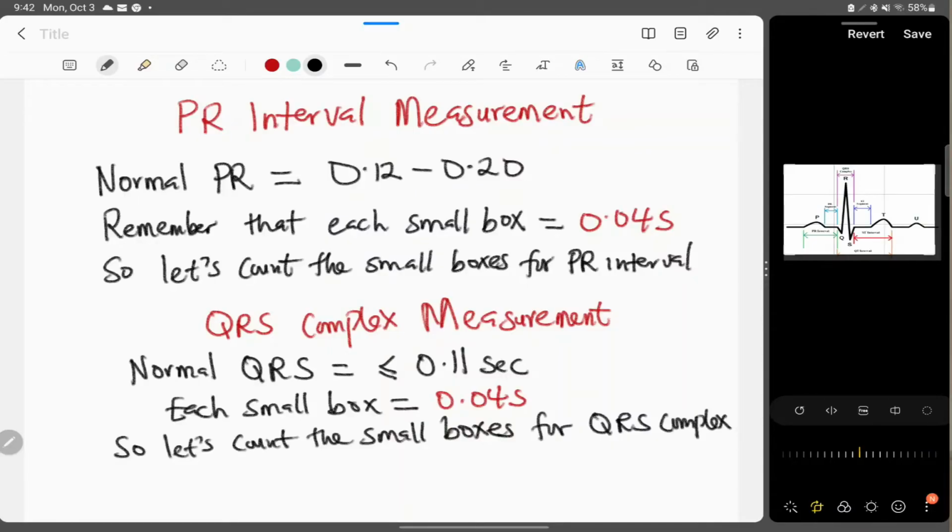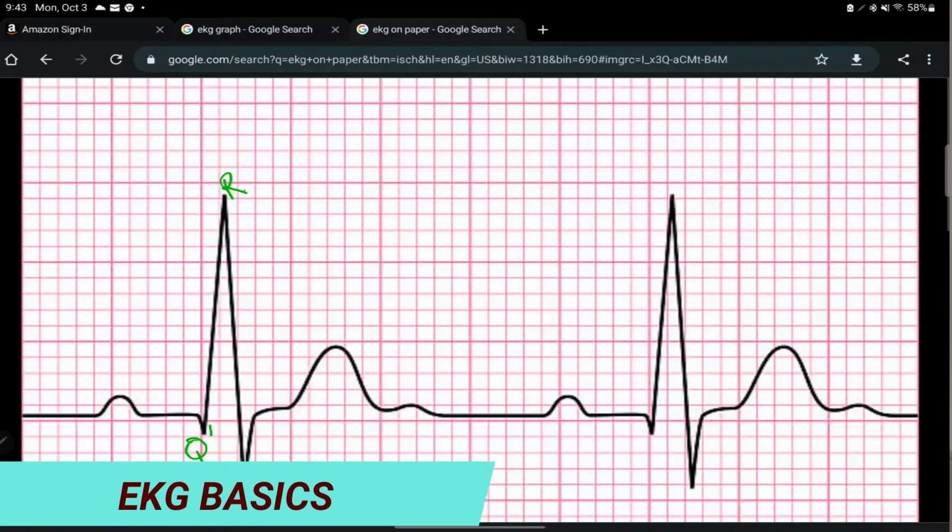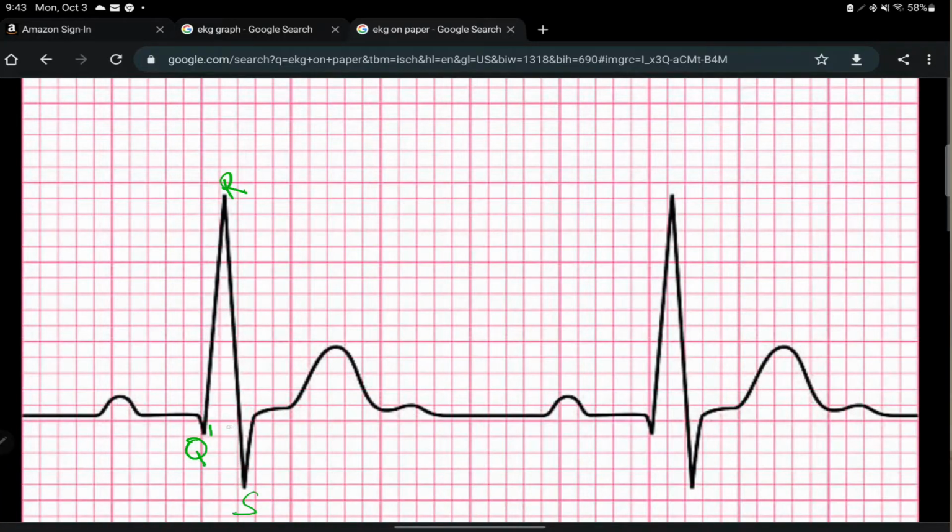We use the same method to calculate the QRS complex. In this EKG graph, the QRS complex occupies 3 small boxes, and each small box is 0.04 second.